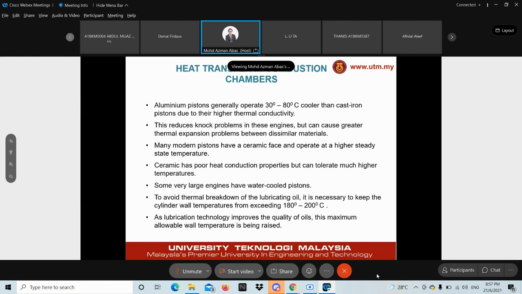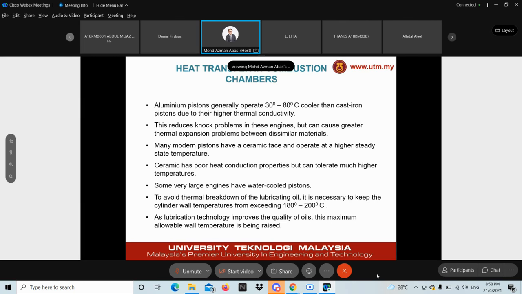Using aluminum pistons can also assist in reducing knocking problems, but can cause greater thermal expansion problems between dissimilar materials, especially if you have aluminum pistons but cast iron as the wall.